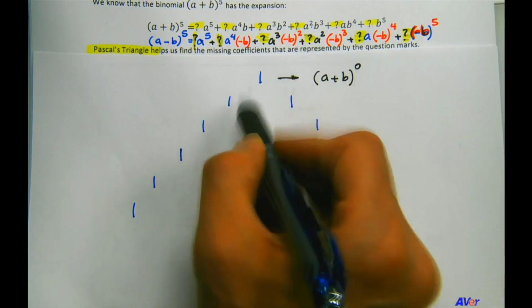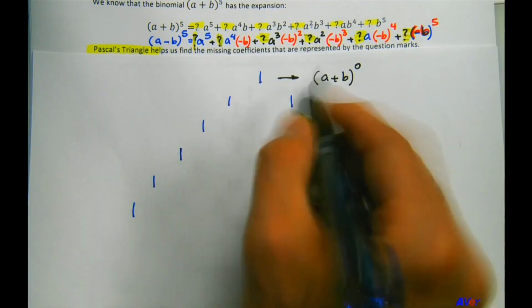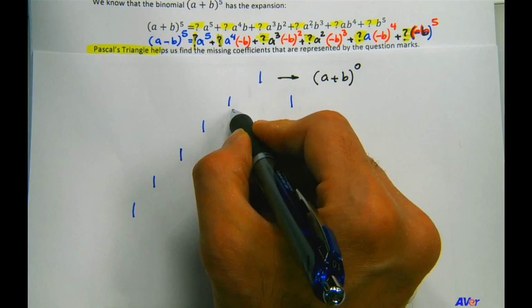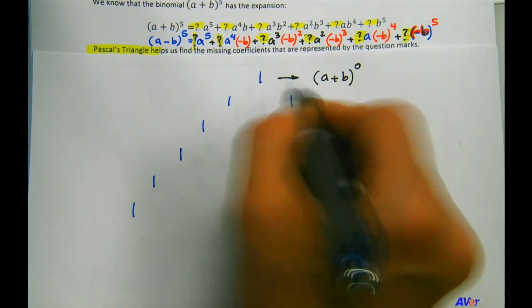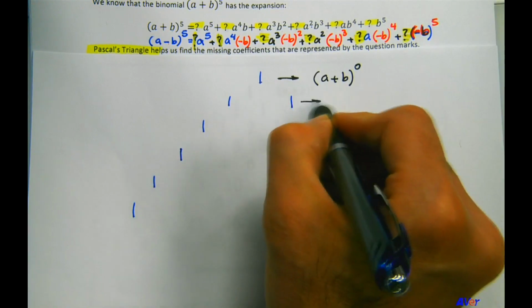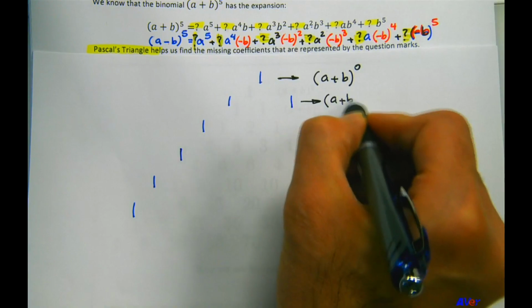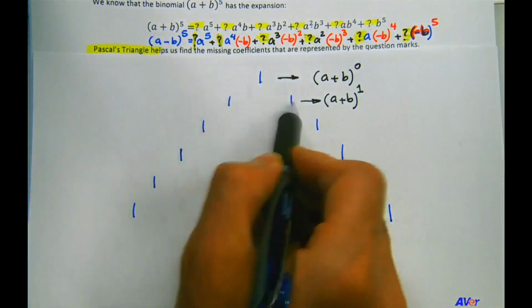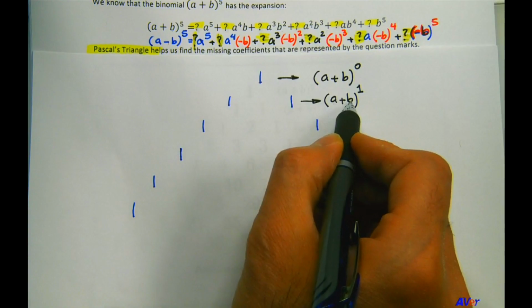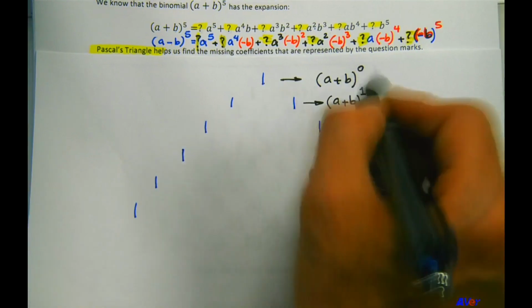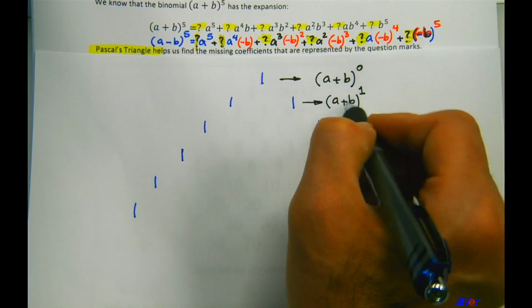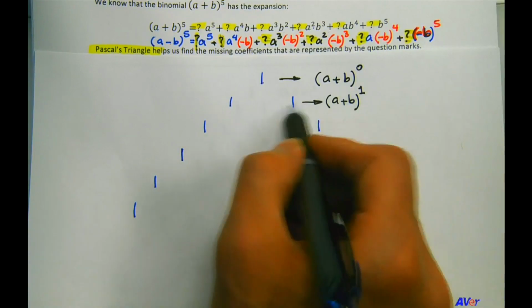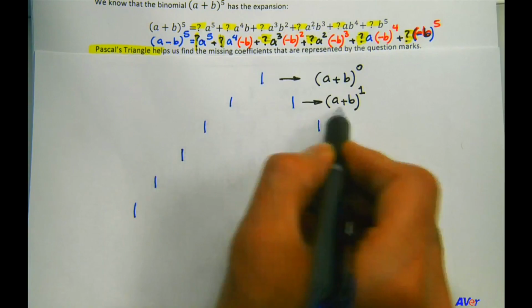Then, for the second row, we're going to add these two. So 1, and for the second row, if you have a plus b to the power 1, the coefficients are going to be just whatever a and whatever b is times 1. So the 0 and the 1 are not going to make any difference. It's just the same two terms, basically.